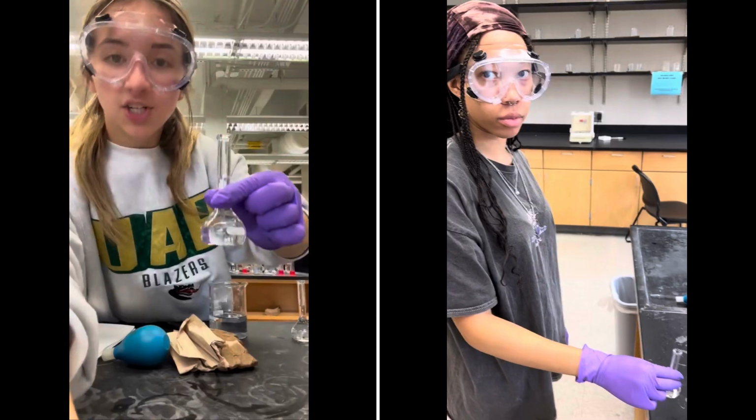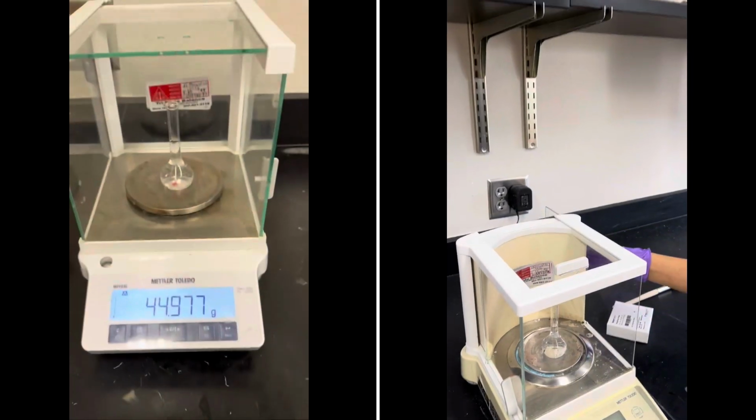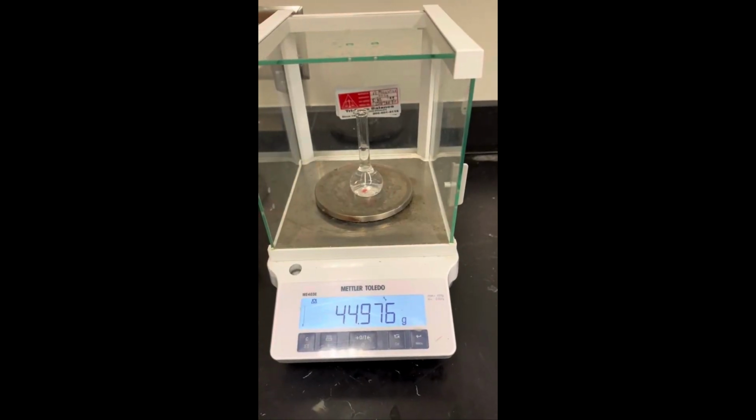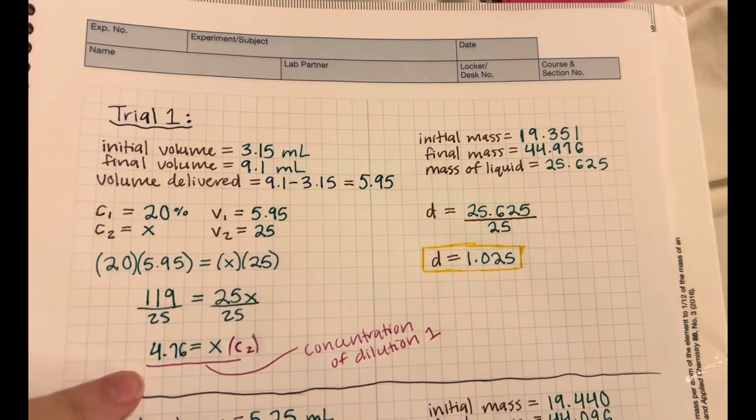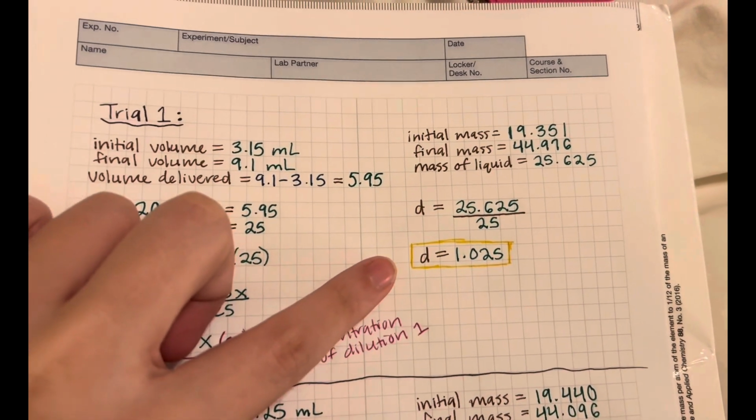And now that we have our solution in here, I'm going to go ahead and take it over to the balance and measure it. As you can see, I did all the math and I got the concentration of my first dilution and the density of my first dilution.